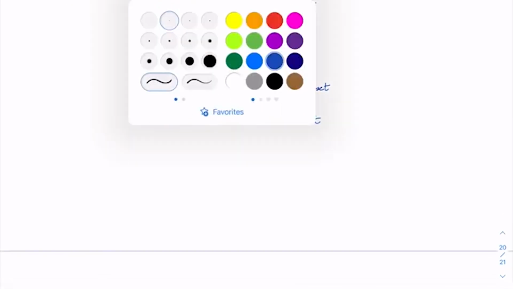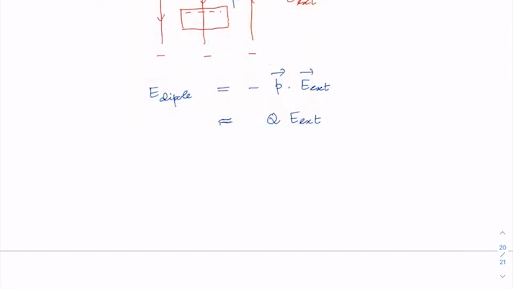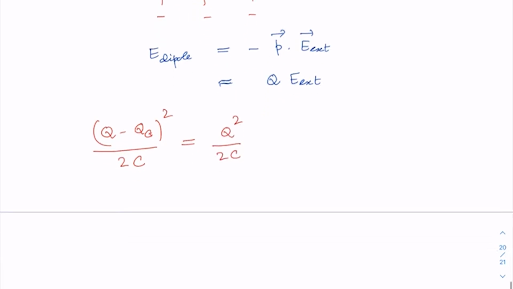Well, the overall energy, as you see, we can write as (Q minus Qg) squared by twice C. If we open it up, we get Q squared by 2C, which is our original charging energy in the Hamiltonian.